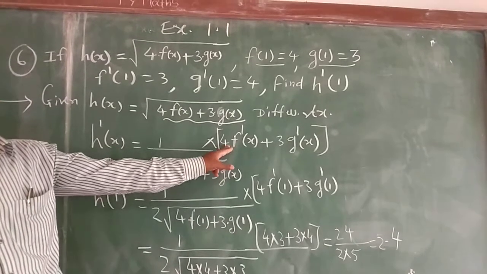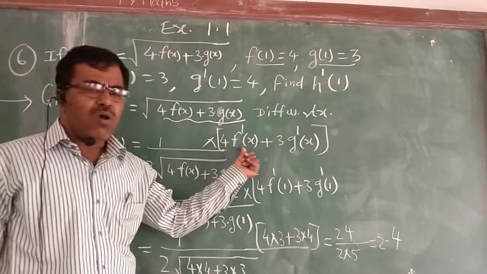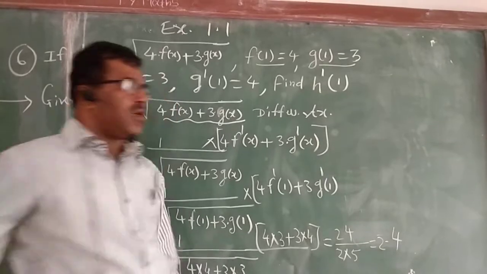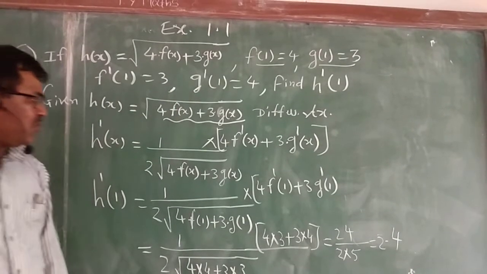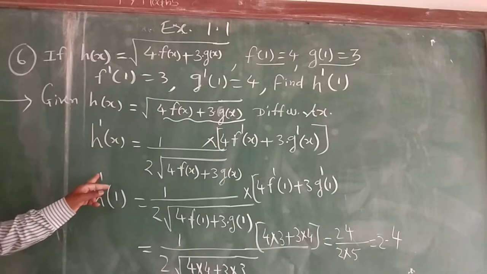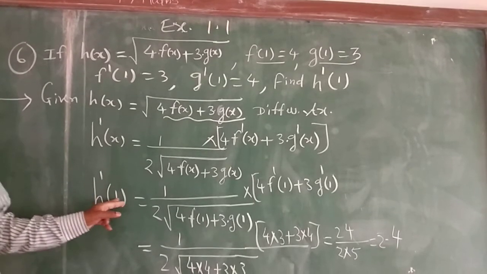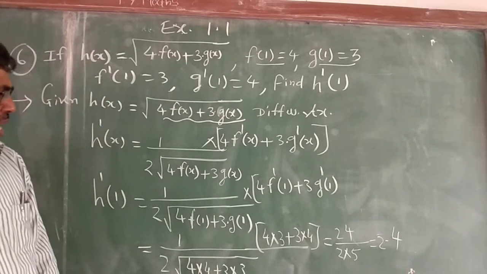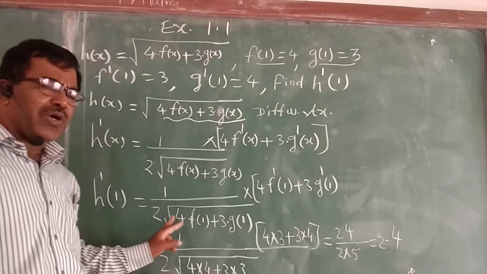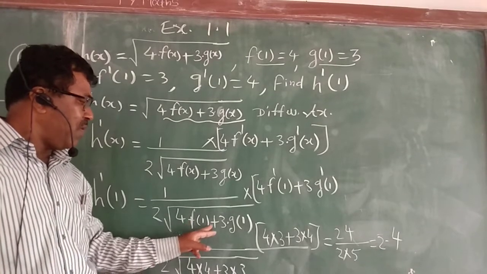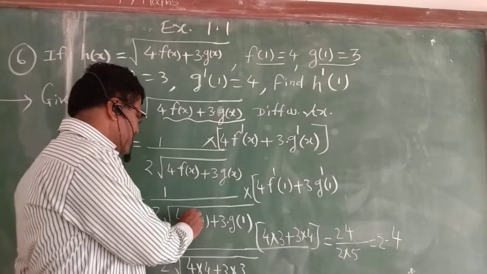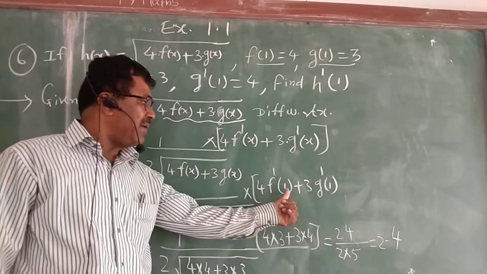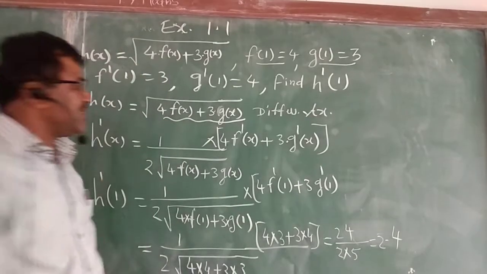That is 4 into f dash x plus 3 into g dash x. Now we have to find h dash 1. Put x equal to 1. That is 1 upon 2 root 4 into f of 1 plus 3 into g of 1, into 4 into f dash 1 plus 3 into g dash 1.